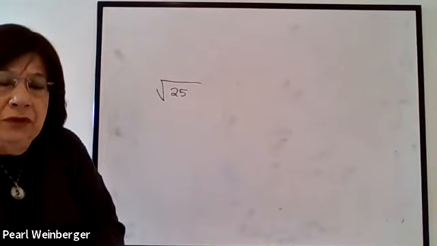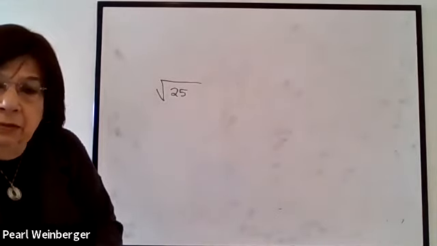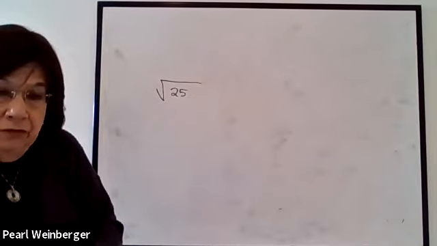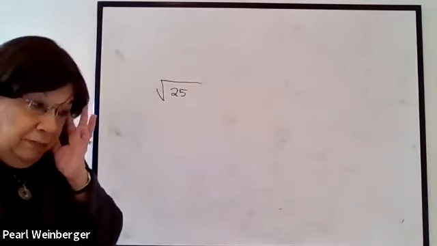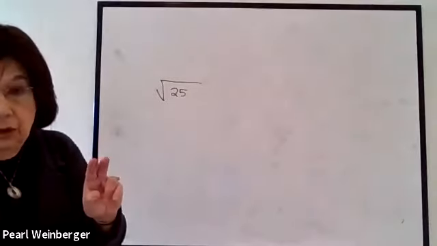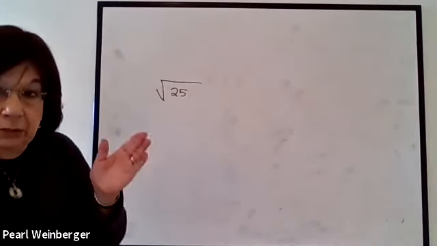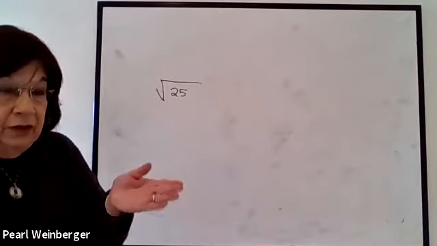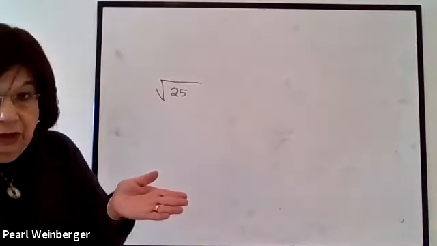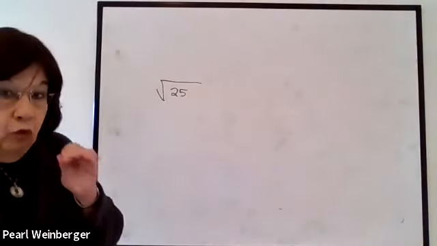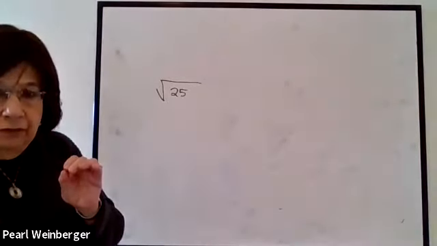And the square root of a number is the number that when you multiply it by itself will give you 25. Now, if you think about it, there actually are two numbers that work. There's a positive 5, because positive 5 times positive 5 is positive 25, and negative 5 times negative 5 also gives you 25.